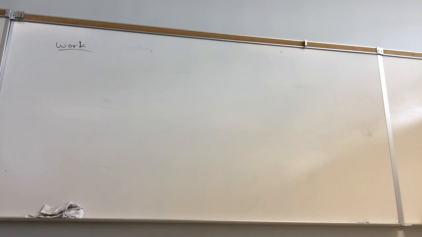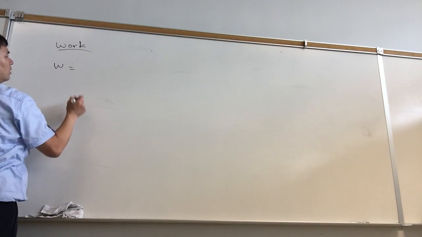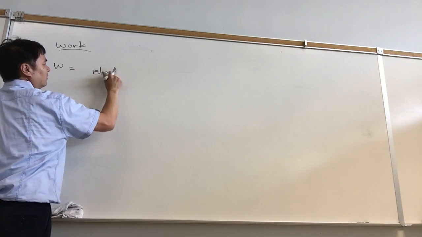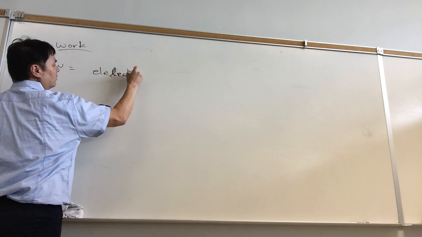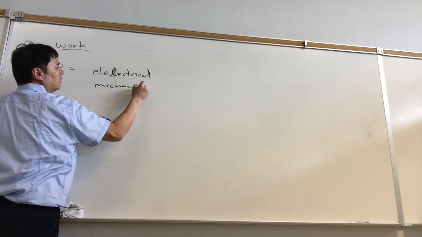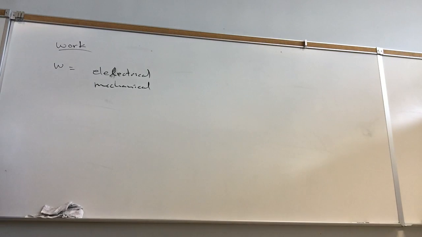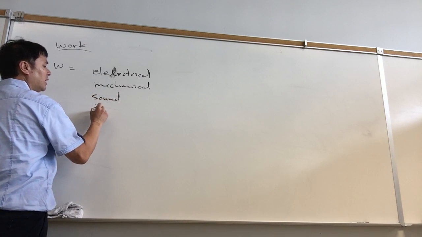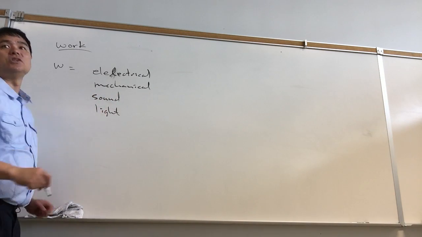Work can be generating electricity, or it can be mechanical work, like lifting a mass, or it could be generating a sound, these waves. It could be light, generating light.